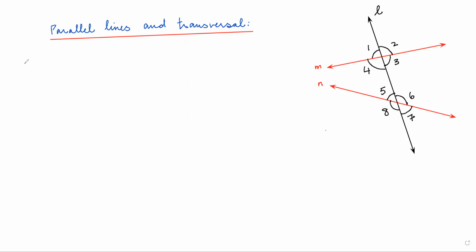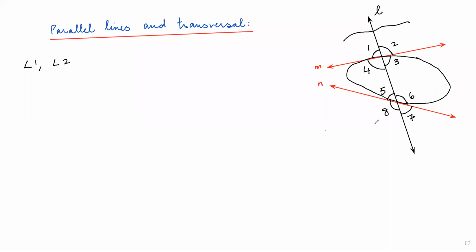Students, just see, angle 1 and angle 2, these are exterior angles. Why? Because you see students, this portion is known as the interior part of the two lines.